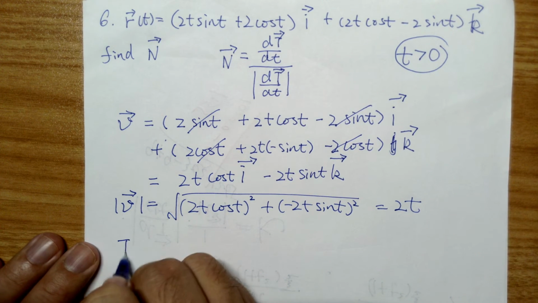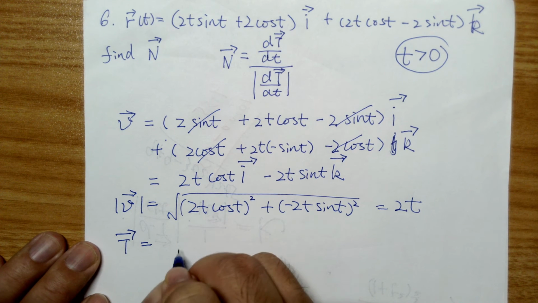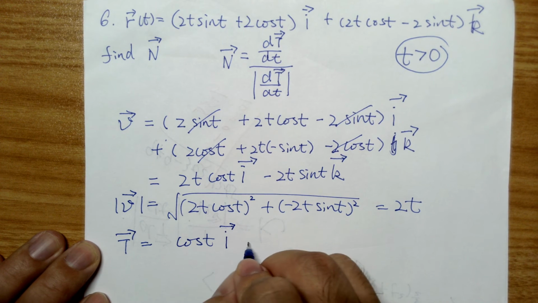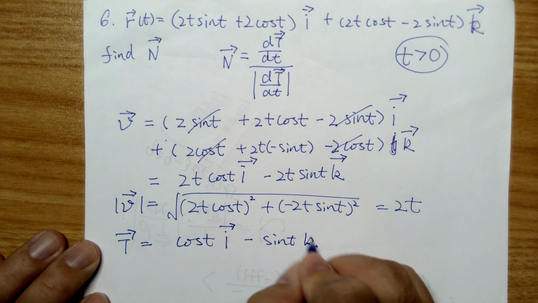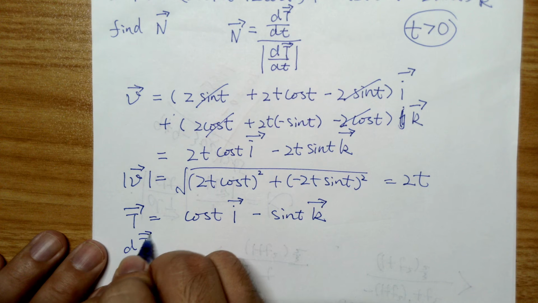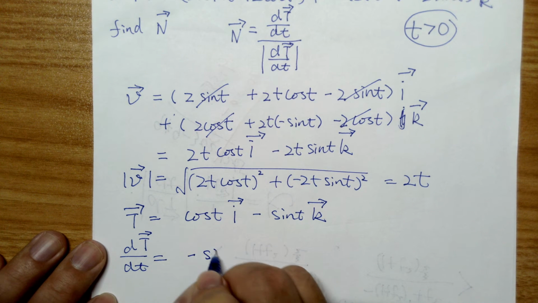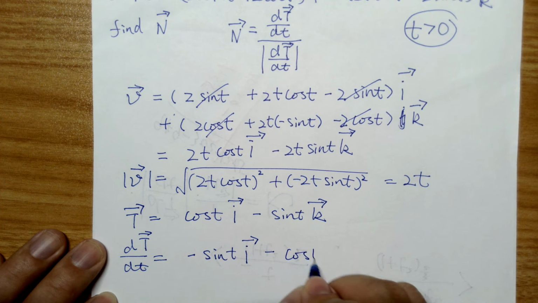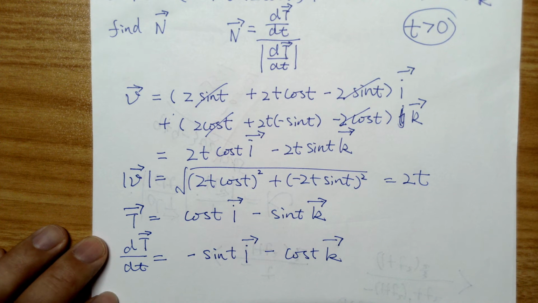So the unit tangent is just cosine t i minus sine t k, and then dT becomes negative sine of t i minus cosine t k.